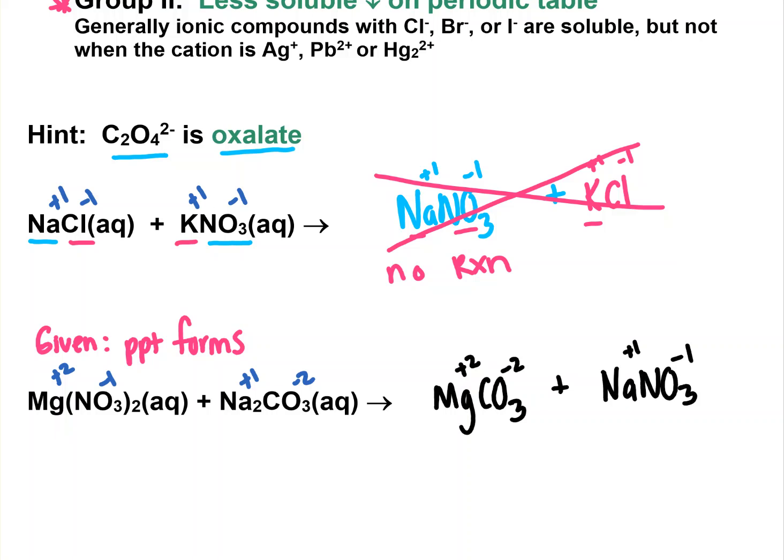Okay, and that's a good formula. Point out something important. I did not keep this 2. And the reason that I did not is that 2 is there because of this plus 2. So I don't bring it over. It's not needed here because I have a plus 1 there. And yet, I did keep this 3.